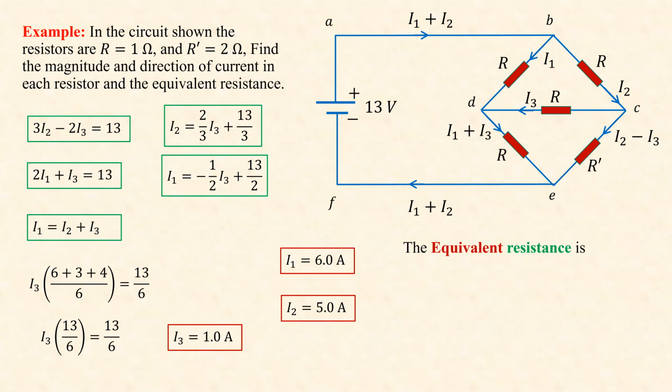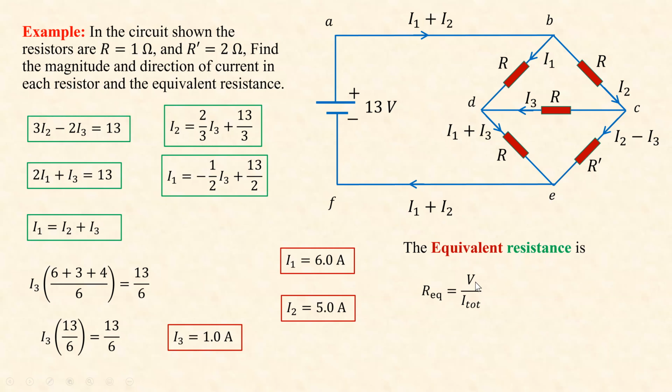But what is the equivalent resistance? As I said, this wasn't a case where you could just make parallel or series resistors and reduce it to one equivalent. But by finding the total current, which is I1 plus I2, which is 11 amps, and the total voltage, you can find the total resistance here.